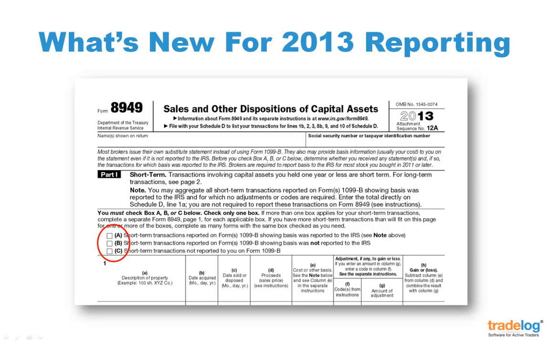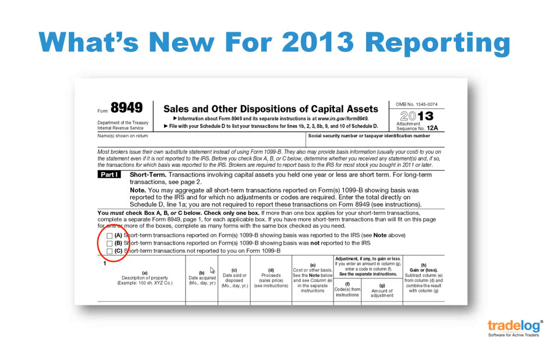You'll see on the screen we're showing Part 1 of the 8949. It looks very much like the 2012 8949. There are 3 check boxes, A, B, and C. These relate to your 1099-B, whether cost basis was reported, not reported, or whether the security was reported at all on the 1099-B.